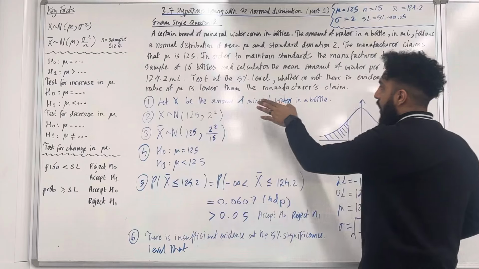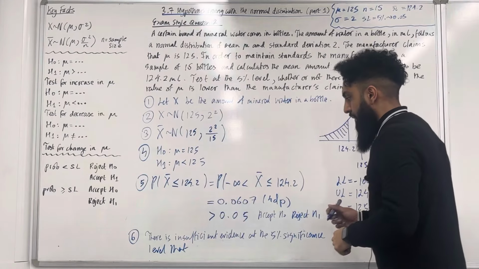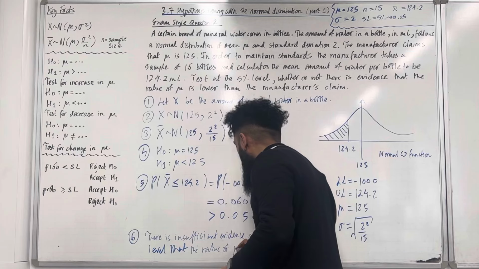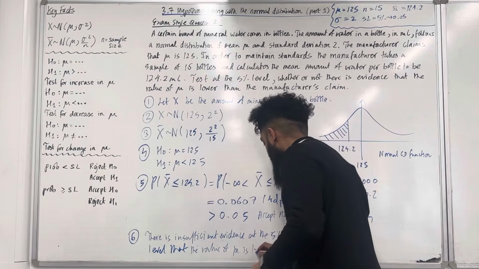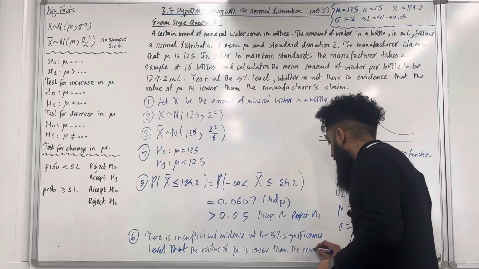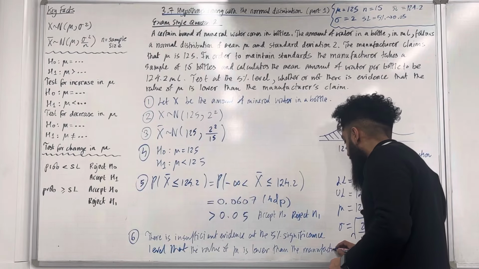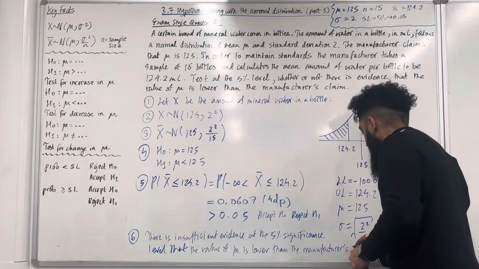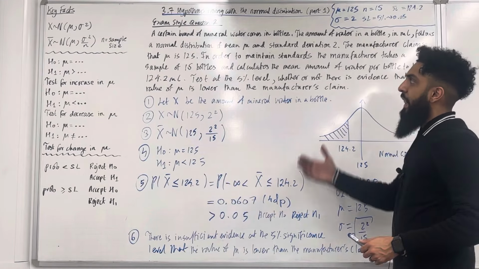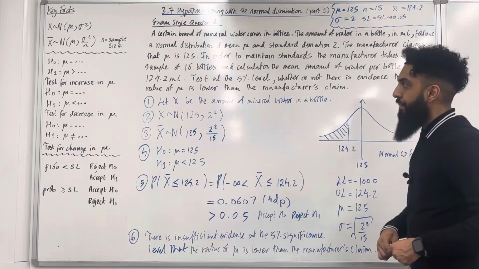Value of mu is lower than the manufacturer's claim. The value of mu is lower than the manufacturer's claim. And that is the end of step number 6 and this particular exam style question.